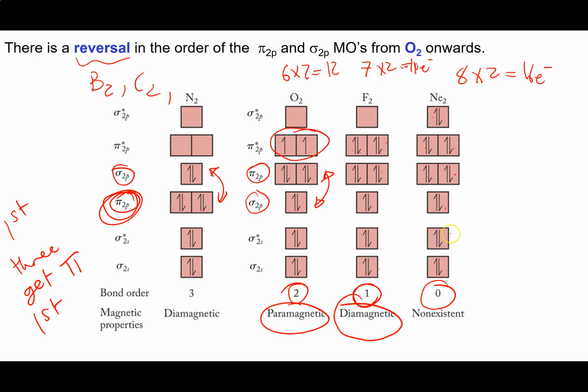And then there are also 8 electrons in antibonding orbitals. So 2, 4, 6, 8. So we end up with 1/2 of 8 minus 8. Well, that equals 0. And Ne2 doesn't exist, and we know that because neon exists as individual atoms, whereas these other things have a bond order greater than 0 and they exist as diatomic molecules.